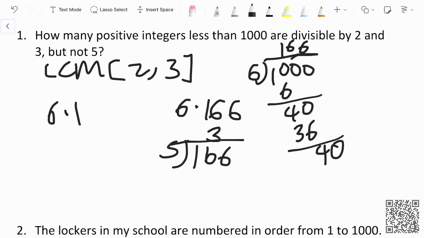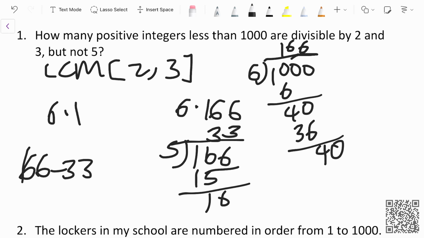You're going to get 3, 15, 1, 6, another 3. So there are 33 numbers that are also divisible by 5 in our 166 numbers. We now subtract those divisible by 5 from the total: 166 minus 33 is 133, which is our final answer.